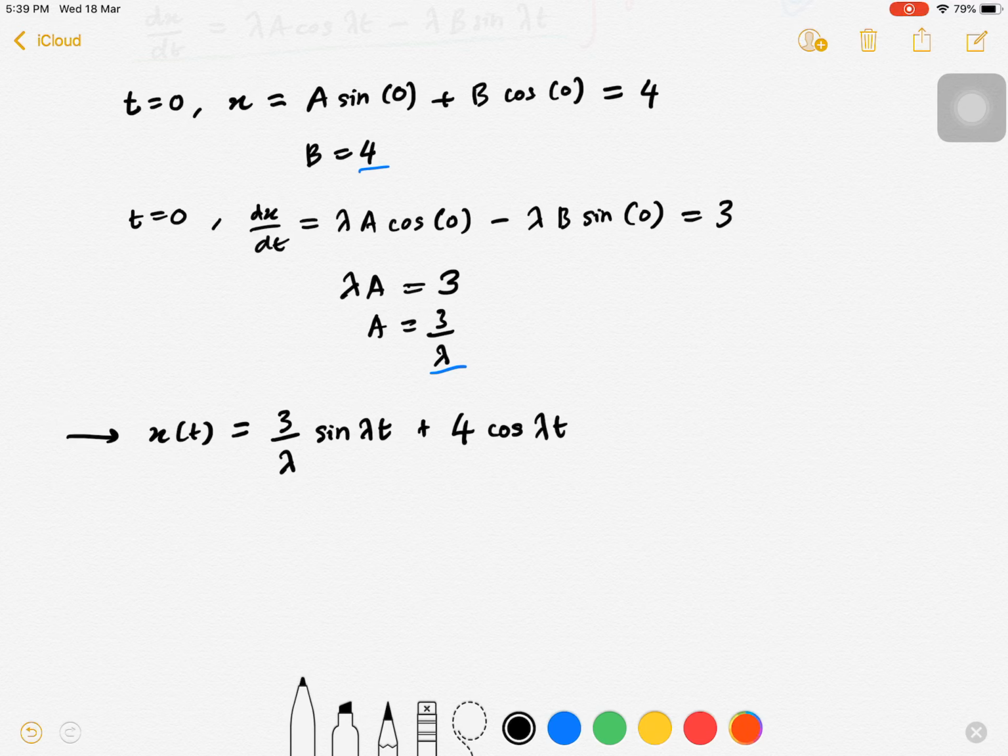Alright, so that is the final answer for this example. Okay, you can look at example 11.